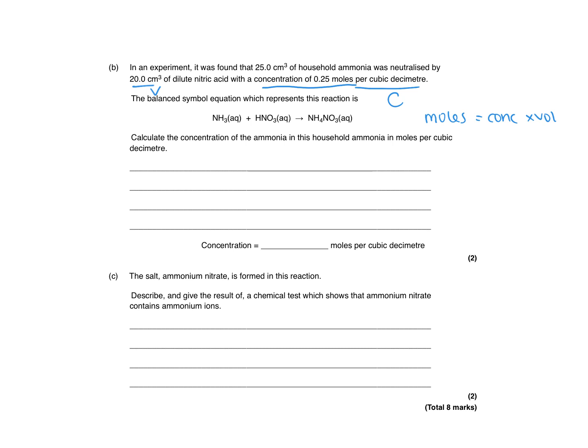So you convert your cm³ to dm³ by dividing by 1,000, and multiply by the concentration, 0.25 moles per dm³. And this is going to give you a value of 0.005 moles.